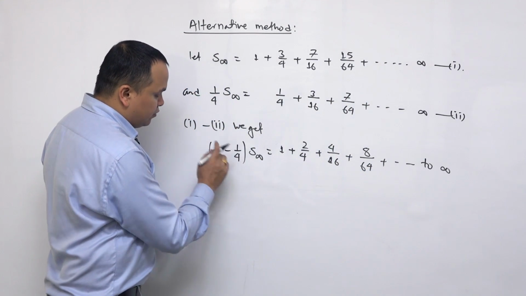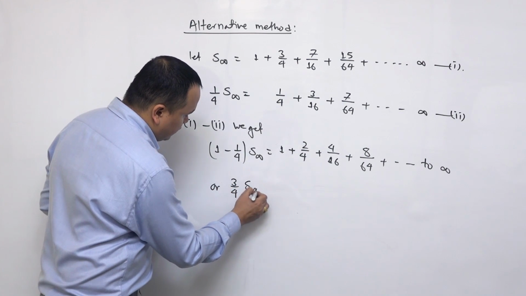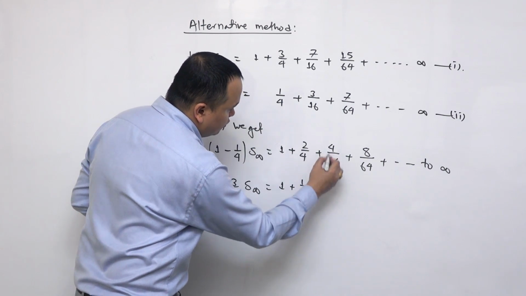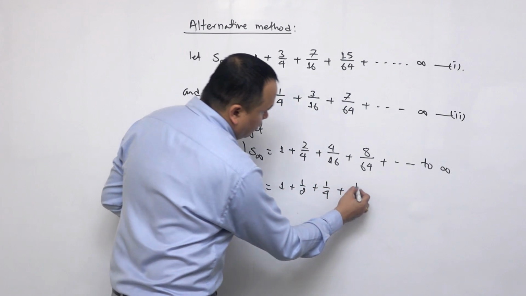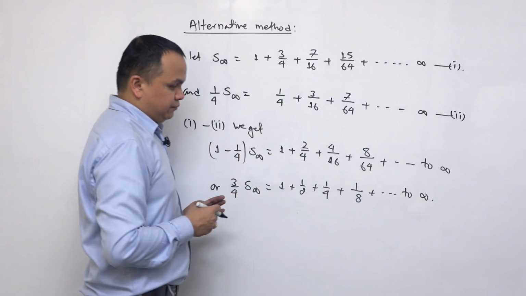The 1 minus 1 upon 4, which is 3 upon 4, S infinity equals 1 plus 1 upon 2, 1 upon 4, 1 upon 8 plus to infinity.